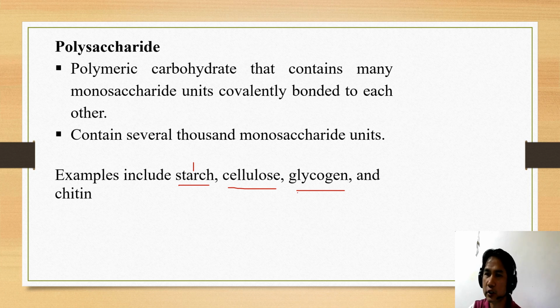So this is our energy reserve, as I said earlier. And chitin, this is the polysaccharide that serves as exoskeletons in some insects and exoskeleton of the crustaceans, including lobsters and shrimps. We will talk about this in the coming slides.